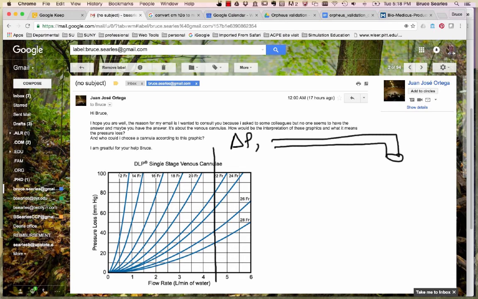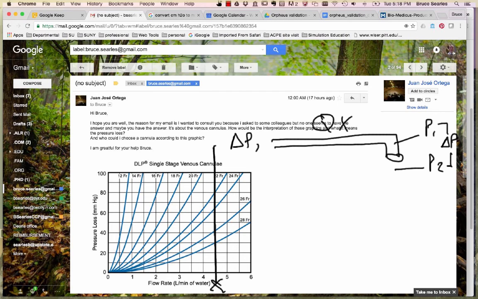The pressure inside the cannula versus the pressure outside the cannula, P1, P2. And the difference between them is the delta P. So these pressure gradients are at a given flow of X, and in this case we picked 4.5. This is X down here.